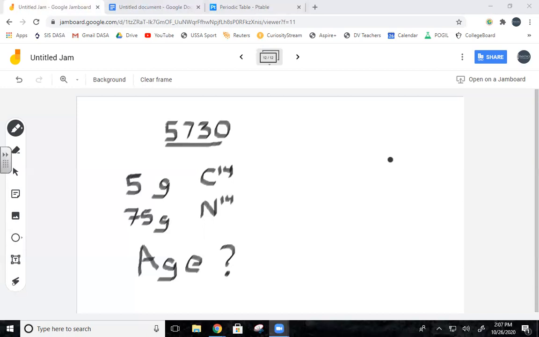If we know how many half-lives it's been, how do we take that and figure out the age? Kimberly. Oh my gosh, how come that actually makes sense? We just did that. It's amazing how it makes sense when the teacher does it.